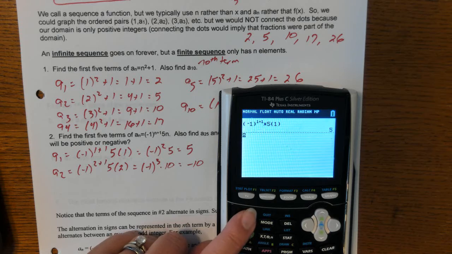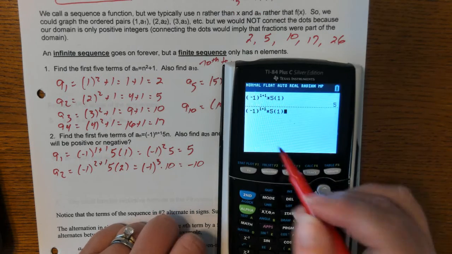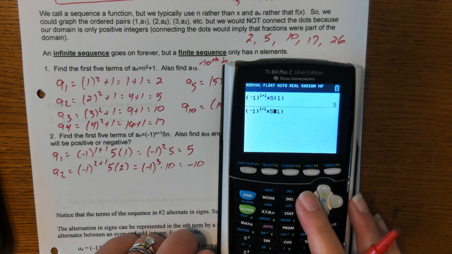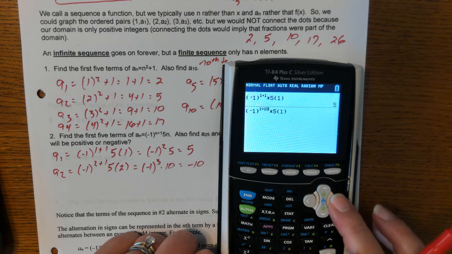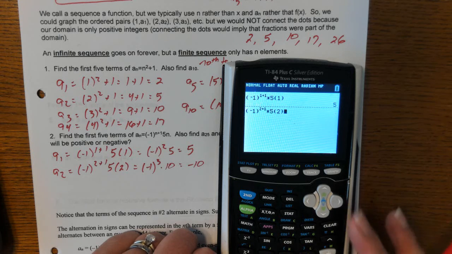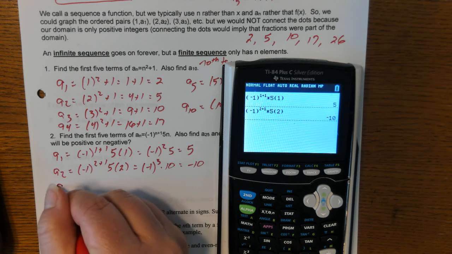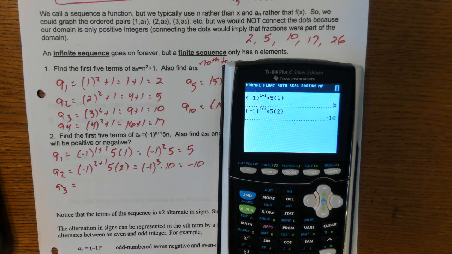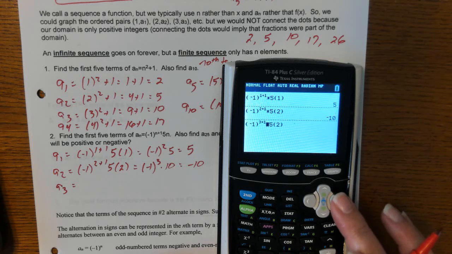I'm going to push the second button and then enter, and it's going to repaste the last thing I typed in my calculator, and then I can just arrow over and change those n's where they used to be 1s. I can change them to 2s, and I don't have to retype the whole thing, and I get negative 10. So the third term in the sequence, instead of retyping the whole thing, I'm just going to change those 2s to 3s.